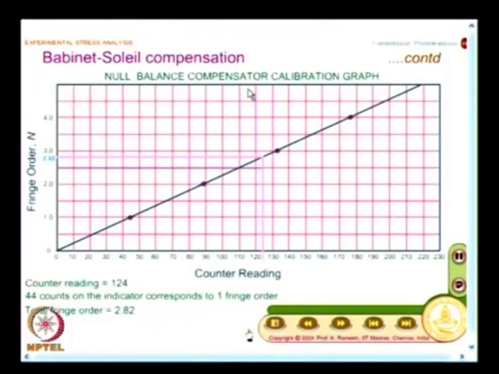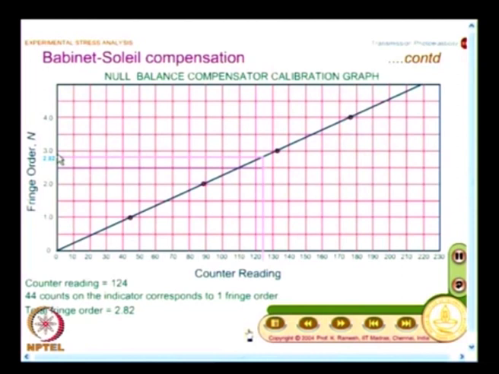In a Babinet's-Soleil compensation, they have made the calibration in a manner that you find out the counter reading, and you are in a position to use the graph supplied by them. So, this gives a null balance compensator calibration graph. Now, I have the counter reading as 124, I simply go to this graph and find out what is the fringe order.